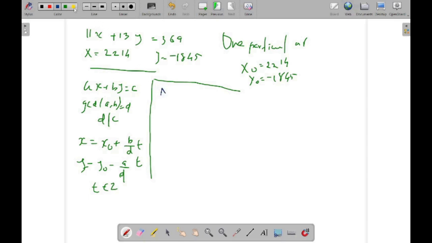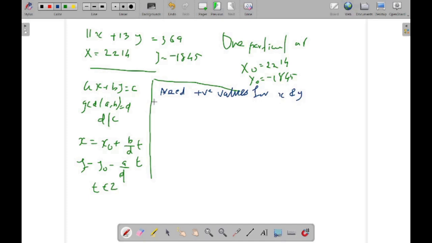Our issue is we need positive values for x and y, that is, they should always be greater than 0.